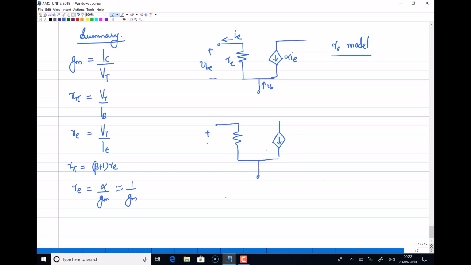So this is VBE, this is Rpi, this is the base current, this is beta into IB, the collector current. The same beta IB can be replaced using Gm VBE. So this is a current controlled current source, and this is a voltage controlled current source. This is a summary of the discussions we have done so far.